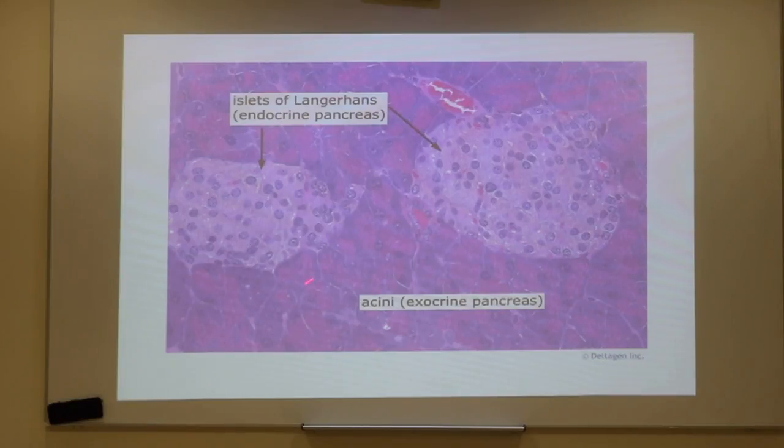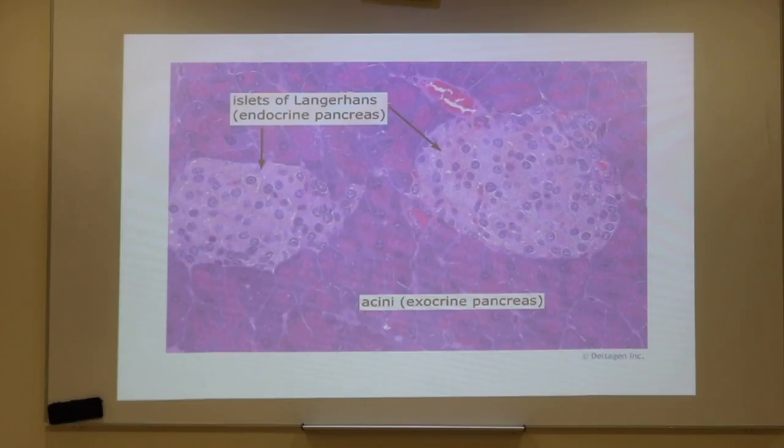pancreas. In between these acini, you would find these pale staining clusters of cells which are called islets of Langerhans, and they form about 1 to 2% of the gland. So this is the endocrine part of the gland, which consists of pale staining clusters of cells in between the acini.